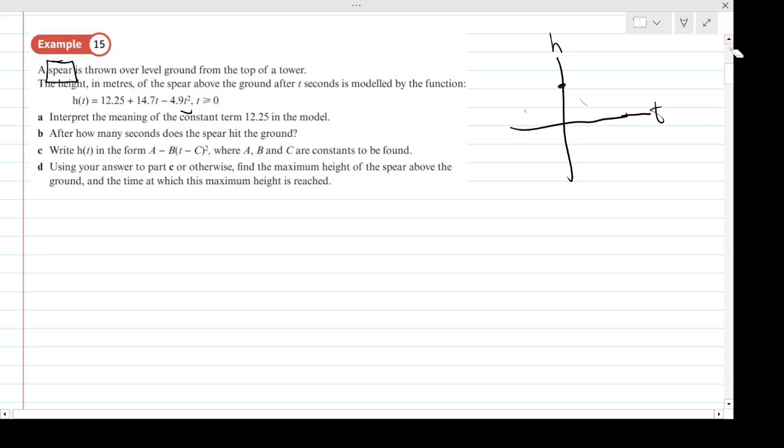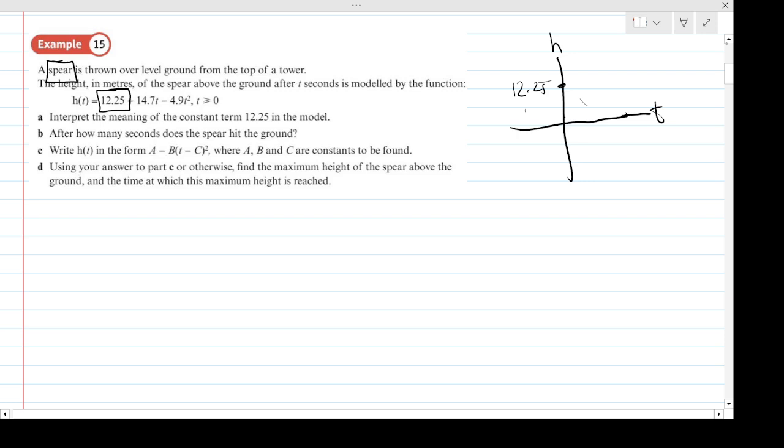It works the exact same way as x and y. To work out where it crosses the h axis, that's going to be when t is 0, isn't it? So when it crosses the h axis, it's going to be this number here, 12.25.